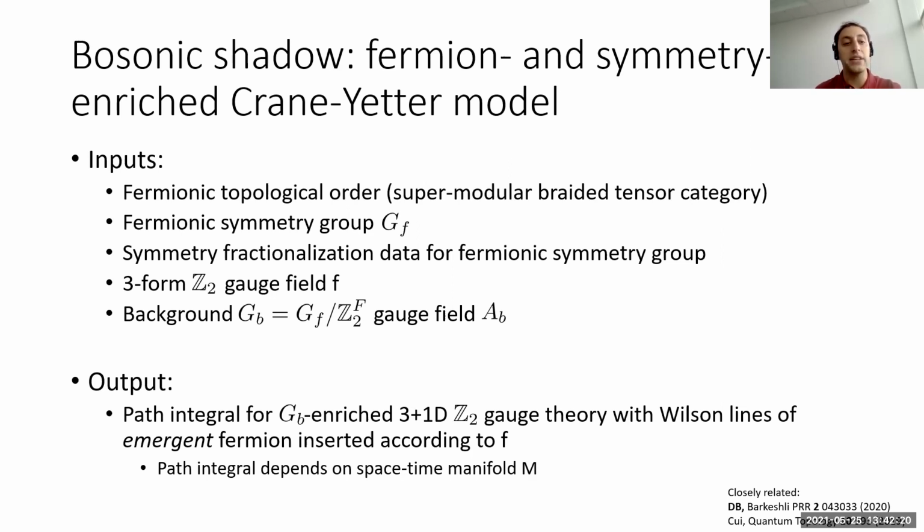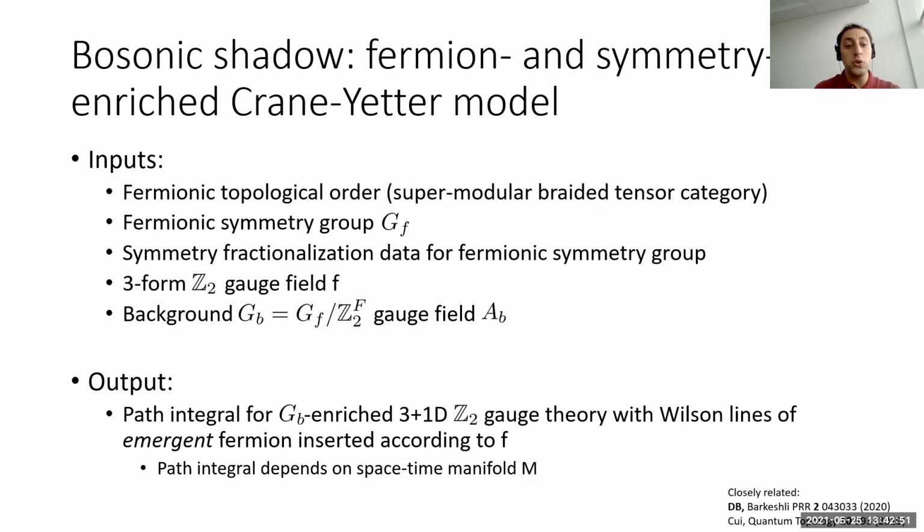And then we're going to add in symmetry fractionalization data for the fermionic symmetry group and a three-form Z2 gauge field F. And what this fermionic gauge field is going to do is insert Wilson lines of the emergent fermion of the Crane-Yetter theory. And this is basically a minimal coupling of this three-form Z2 gauge theory to this model.